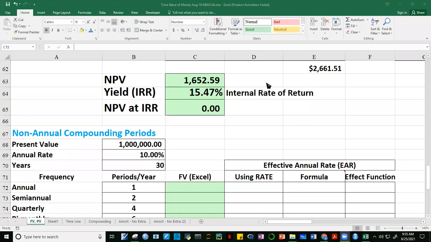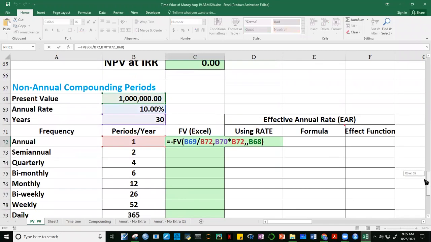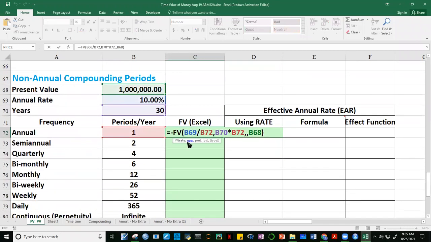Okay, Marco. Let's check Marco's. Let me copy this, Control C, Control V. This is the formula that Marco suggested. FV, the rate is 10% divided by 1, and the NPER will be 30 times 1, no annuity, and the present value is 68.